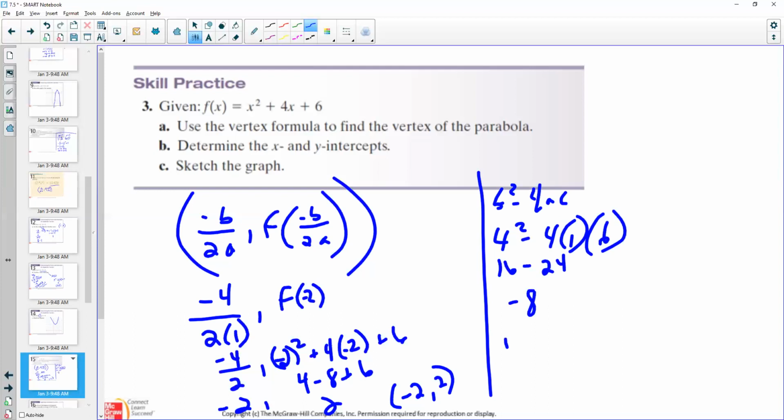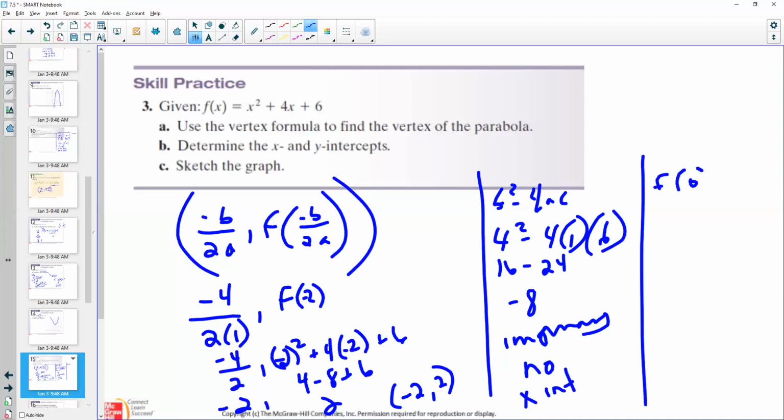So these are imaginary. No x-intercepts. For the y-intercept, I'm just going to put in f of 0. So I get 0 squared plus 4 times 0 plus 6. It's going to be at 0, 6. Okay, from there, you guys can make that graph. I have faith in you.